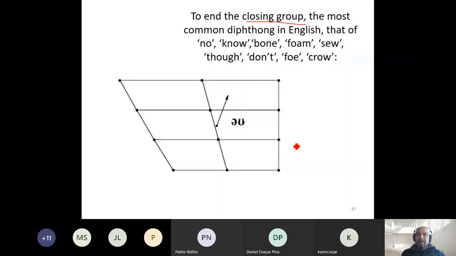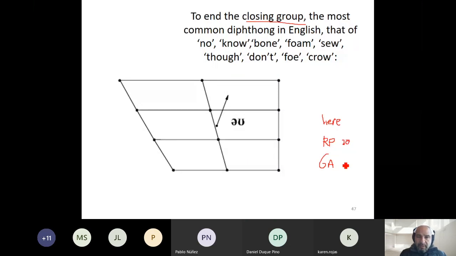In general, RP has more diphthongs than General American. General American has simplified diphthongs into monophthongs. A good example is here: in received pronunciation, you have the diphthong ear ending with a schwa, but in General American, you have e, here.